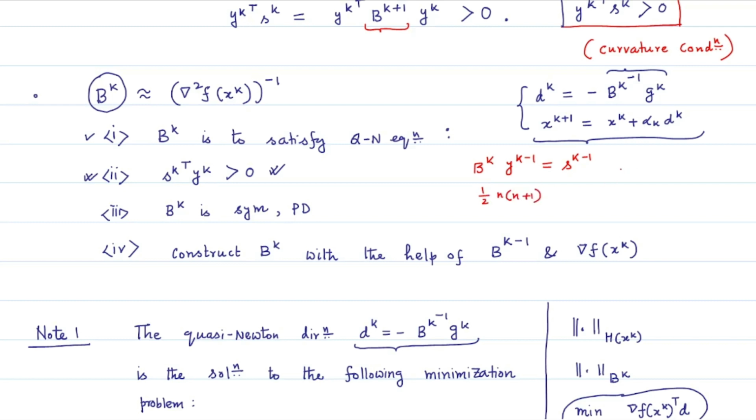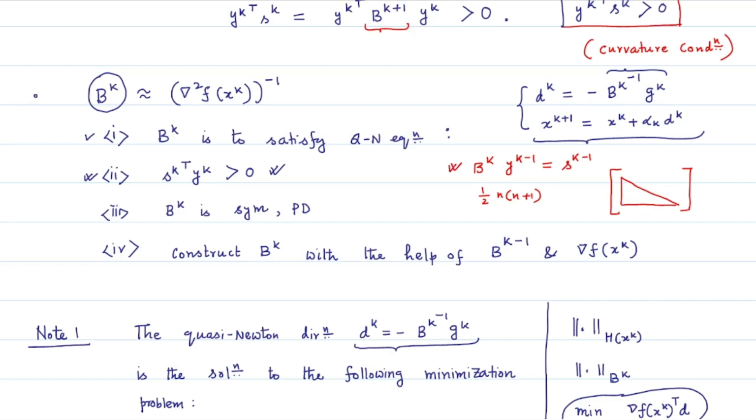If you look at the matrix bk, you will quickly find that you have in the first row 1 unknown, in the second row 2 unknowns, in the nth row n unknowns. So in total 1 plus 2 plus up to n gives us this many unknown quantities, and the rest of the quantities in the upper triangular part are determined by symmetry.